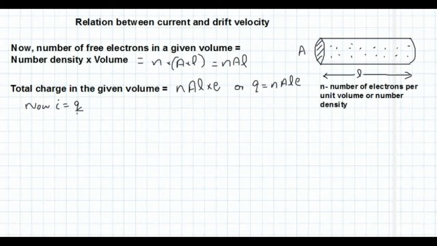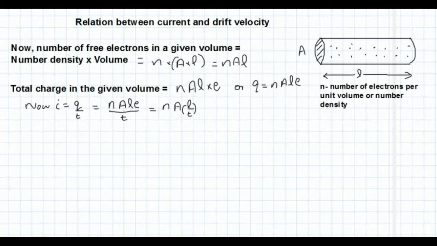Now what is current I? Current I is defined as Q by t. So this equation we know from our previous class. And Q is equal to nAL into e. Therefore I is equal to nALe divided by t. And here we take this L by t together.